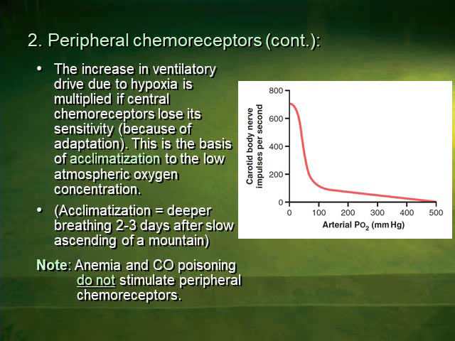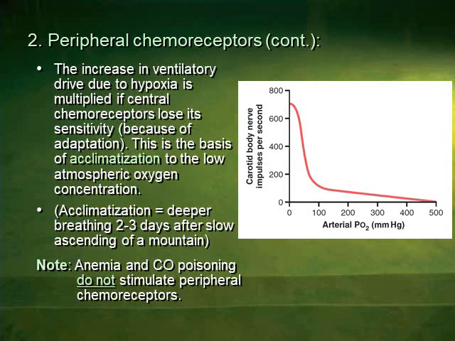What does that mean? If somebody goes high up into a mountain, and as we know that at high altitudes the oxygen concentration is much less, so the peripheral chemoreceptors will simply be stimulated, and this should stimulate respiration.